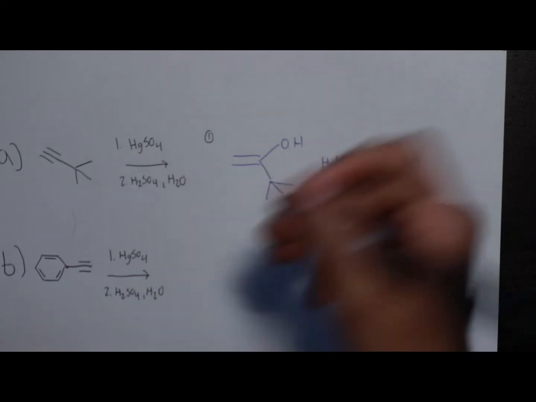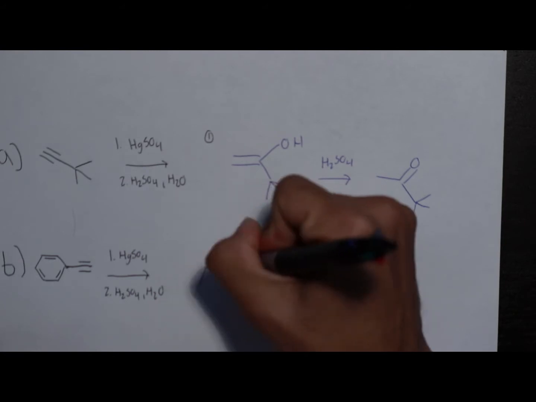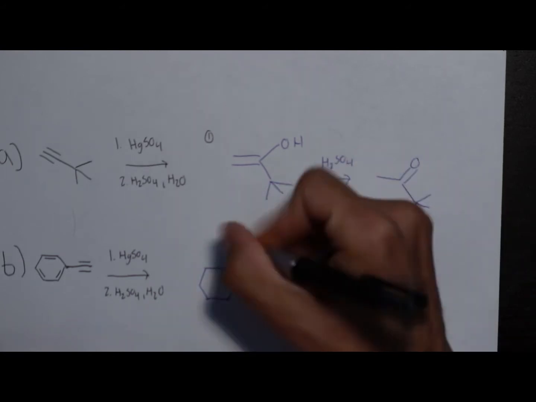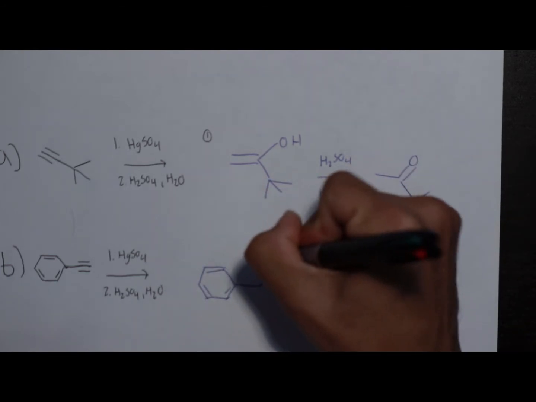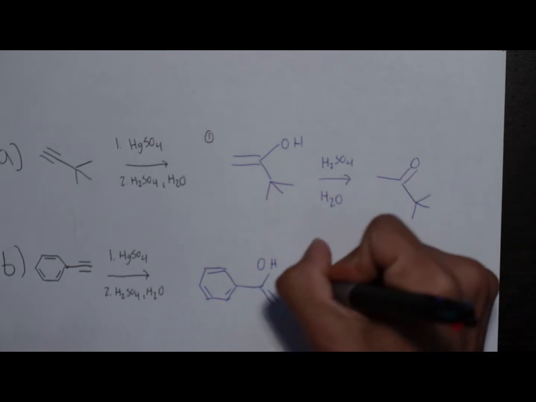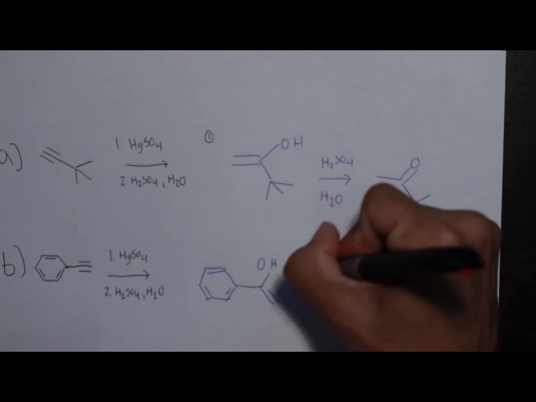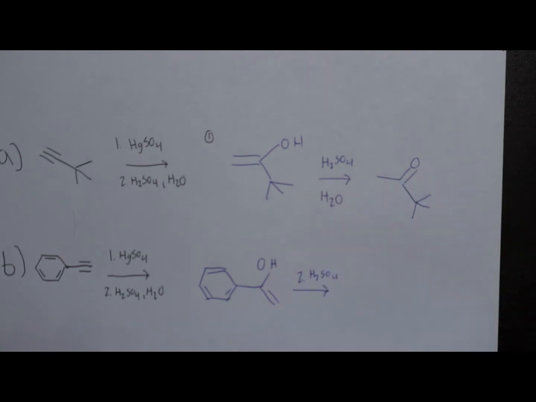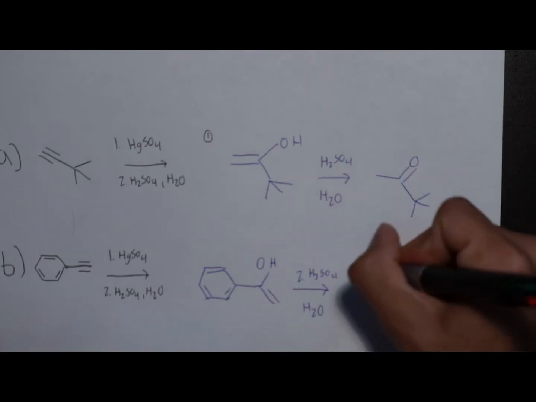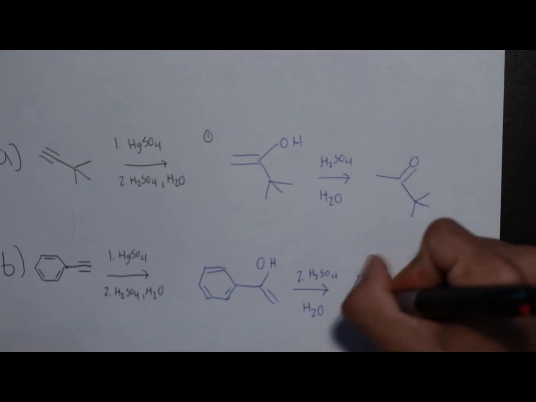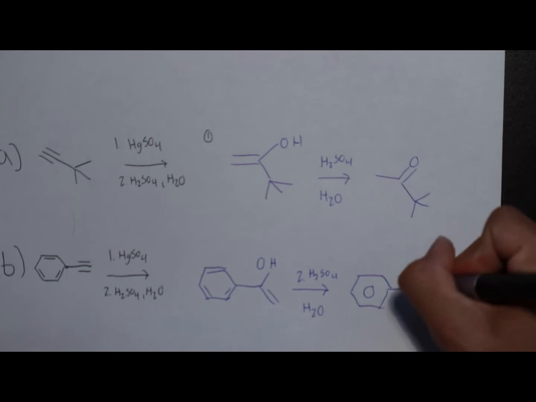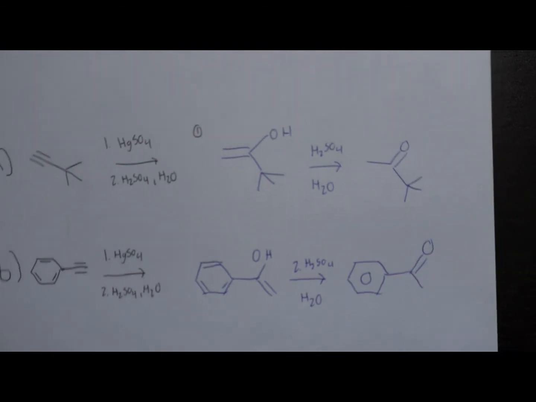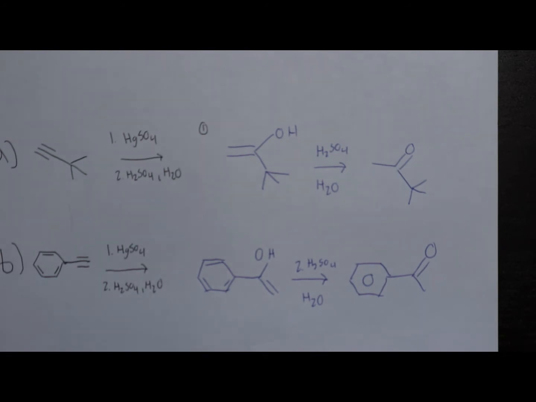A formation of an enol, which then reacts with the H2SO4 because of the acidic conditions, to form a ketone. It's pretty straightforward. Just try some practice problems and you should get the hang of it.